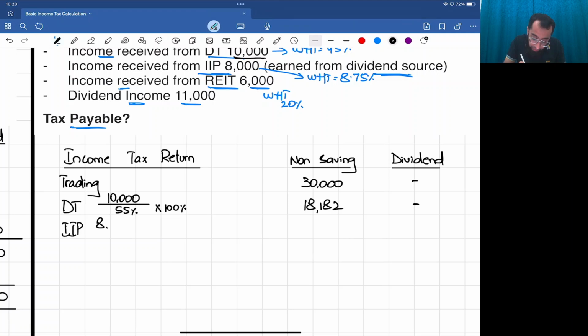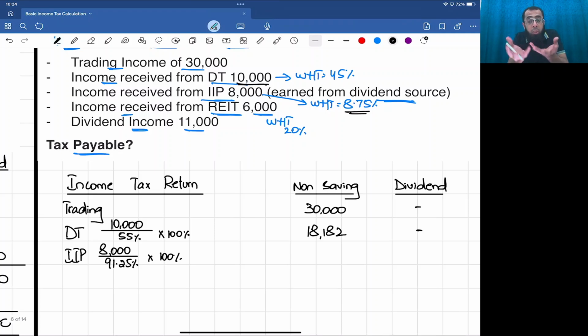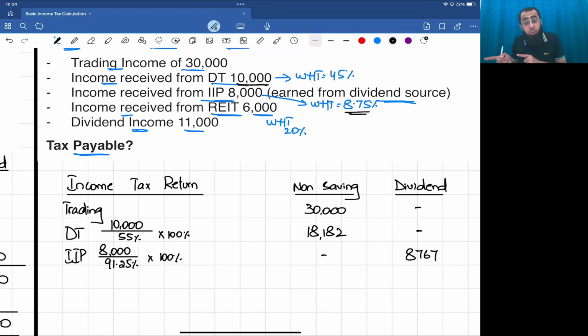So it's 8,000 divided by, now here please listen to me carefully, withhold is 8.75. So what you get will be 91.25%. Think logically. If 8.75 has been deducted, the net amount will be 91.25%. So 8,000 divided by 91.25%. So it's 8767 and it will go in the head of dividend.